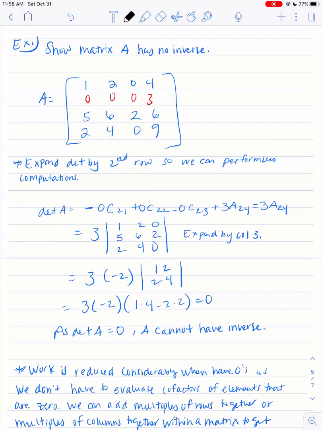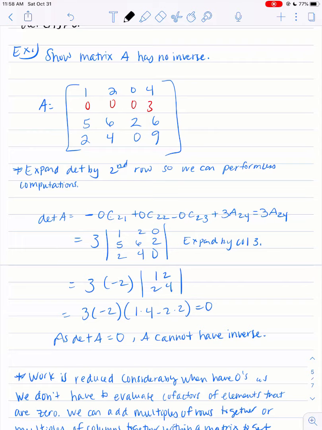Okay, so let's go ahead and do the determinant. Since we're using the second row, our signs for our cofactors are going to be negative, plus, negative, plus.